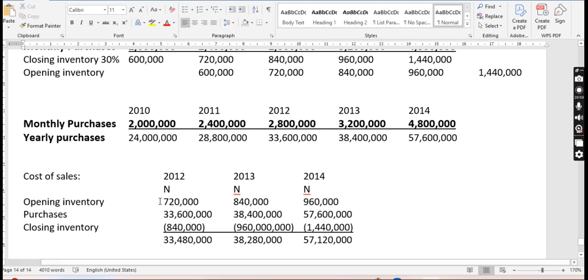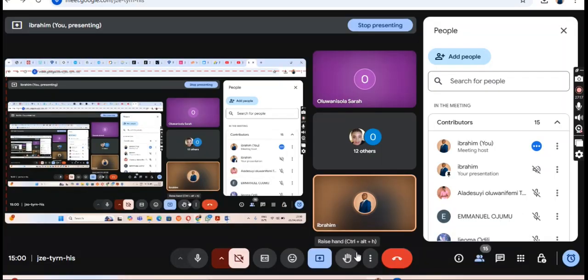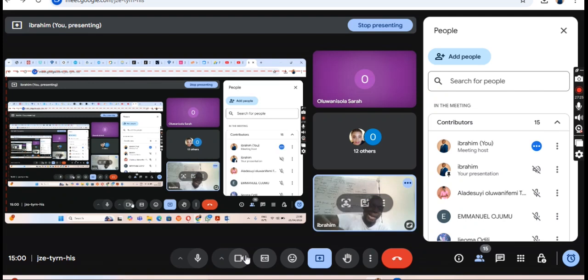Your closing inventory of January will be opening inventory of February. It's like a cumulative already. The closing inventory of December is what they have at the end of the year.